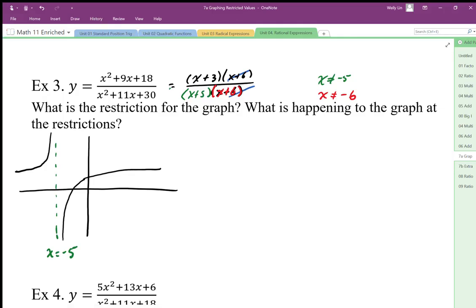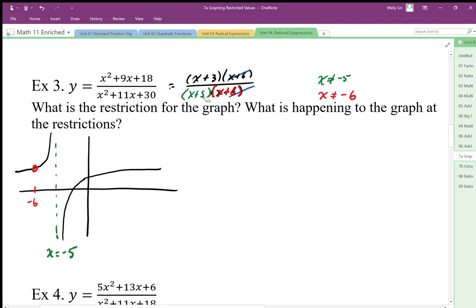If we look close enough, if you try to get your cursor on that -6, you should get an undefined. It's hard to move your cursor to that point, but basically what's happening is we're getting a hole.